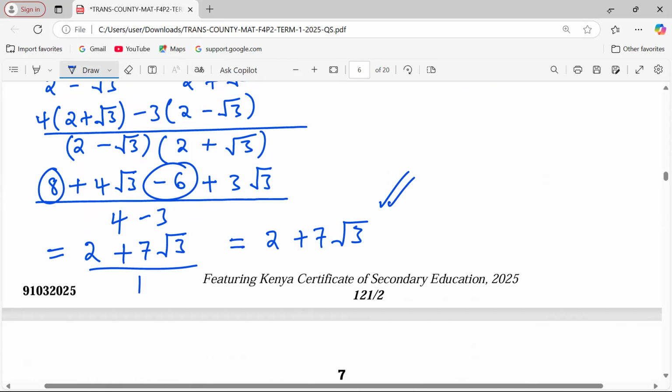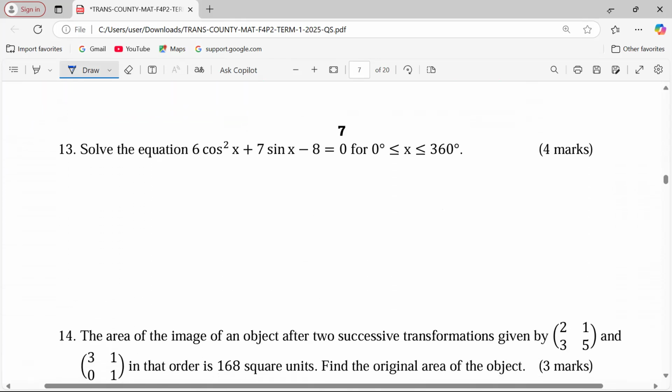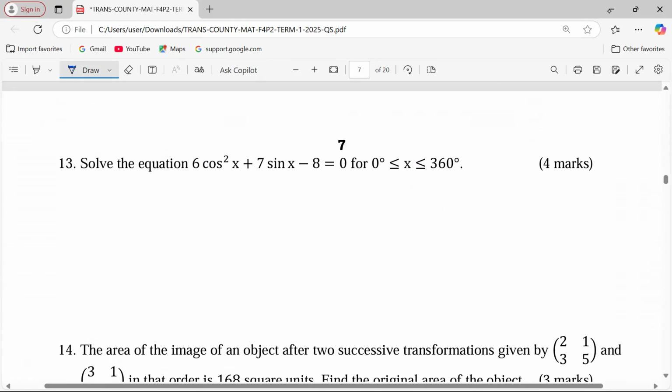Number 13, we are again on trigonometric equations. In this case, we are dealing with trigonometric identities in trigonometry 3, that is Book 4 work, whereby we know that whenever we have the sine squared of a certain angle plus the cosine squared of the same angle, we're supposed to get 1.